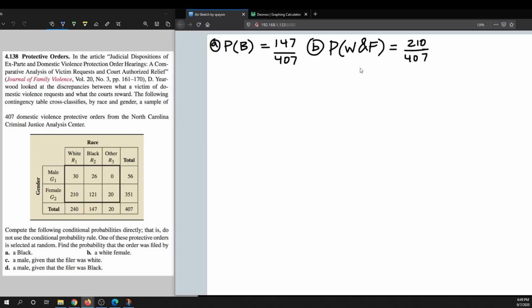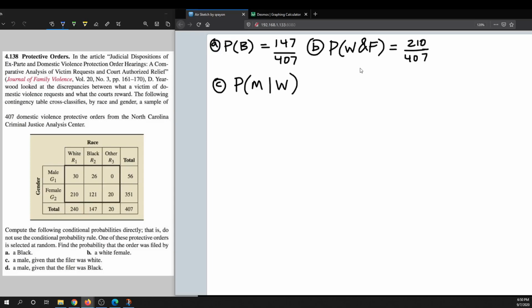All right, so next up, we are asked to calculate in part C, what is the probability that the order was filed by a male, so probability of a male given that the filer was white.